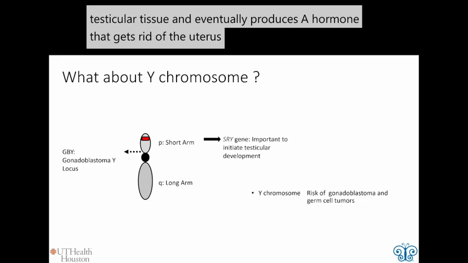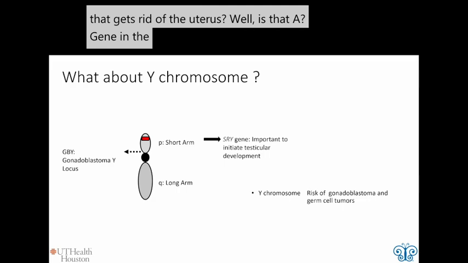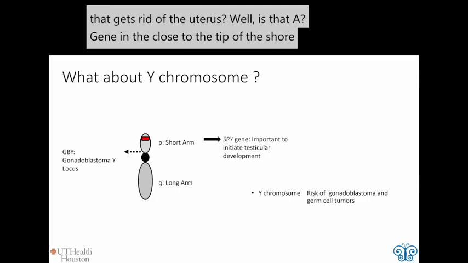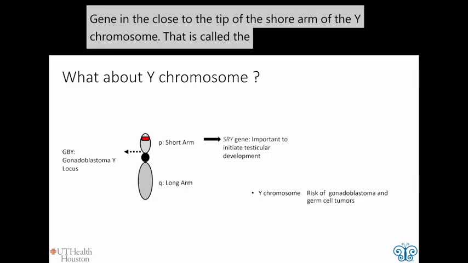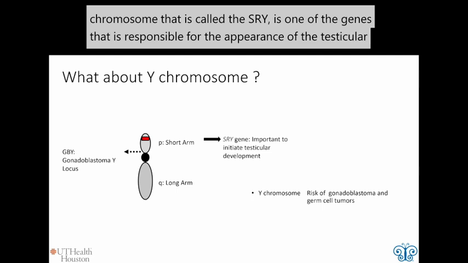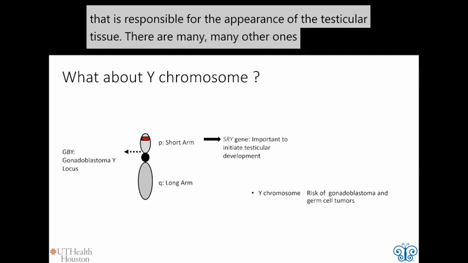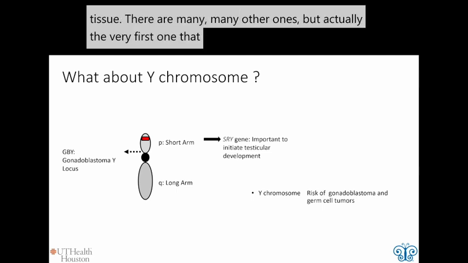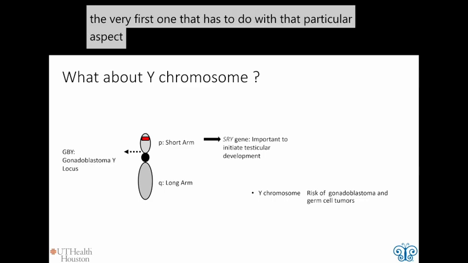Well, it is a gene close to the tip of the short arm of the Y chromosome called the SRY. It is one of the genes responsible for the appearance of the testicular tissue. There are many, many other ones, but actually the very first one that has to do with that particular aspect is the SRY.